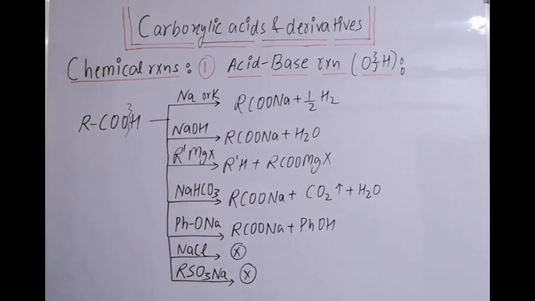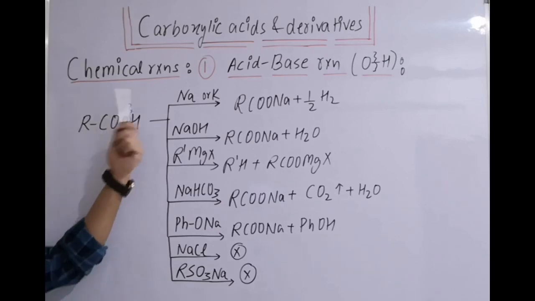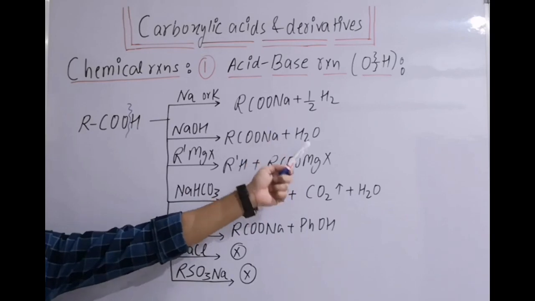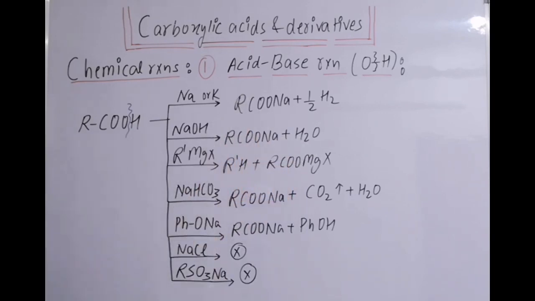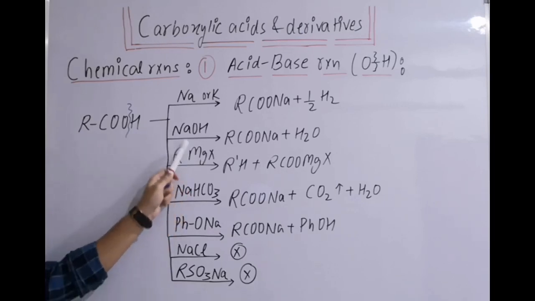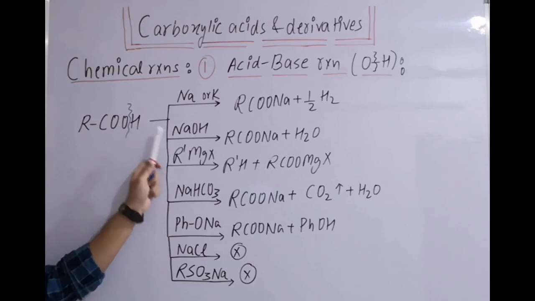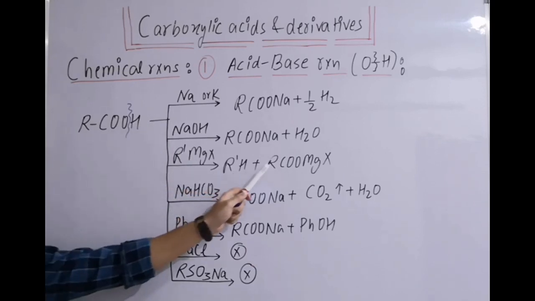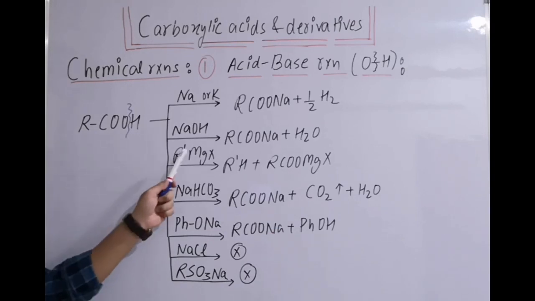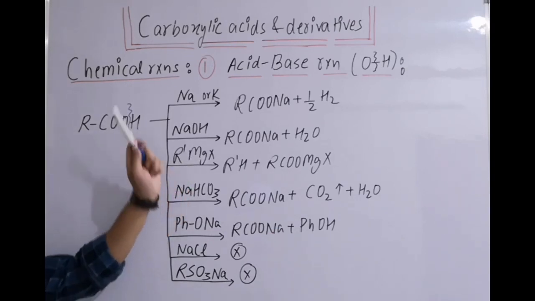The second reaction is with a base, NaOH: the carboxylic acid releases H+ and forms its salt plus water. Which reaction? Acid-base reaction of carboxylic acid. Then the third one is with Grignard reagent. Here the Grignard is R', which is R minus; it takes H+, an alkane is formed, plus RCOO minus MgX plus. This third reaction is also used to prepare alkane.